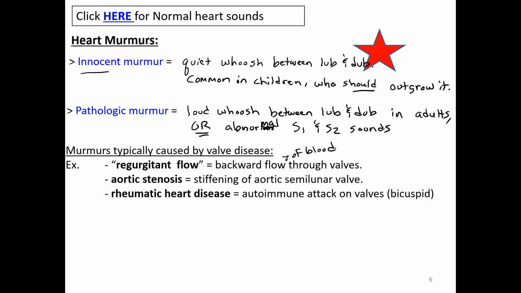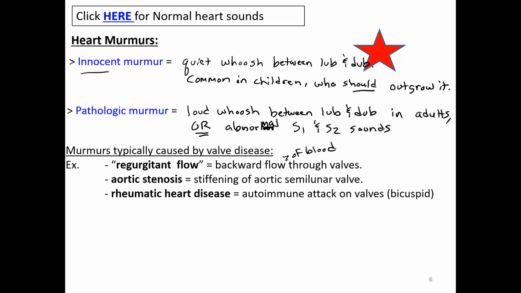Some blood makes it out to the aortic semilunar valve, but some is going to back up into that left atrium. And now your brain and your heart are going to be getting less blood because some of it was diverted back upwards through regurgitant flow into the left atrium. It's going the direction it shouldn't be going. And that's always bad, especially on the left side of the heart. So that's what regurgitant flow is.